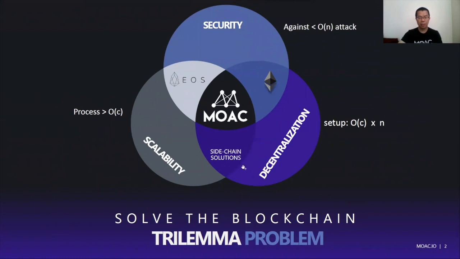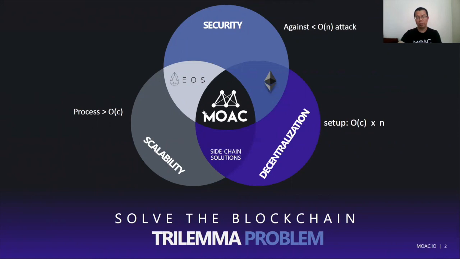They typically have decentralization, because there is a blockchain and many sidechains, and scalability is pretty good, but security is not that good, because a sidechain is very easy to attack given its small size.